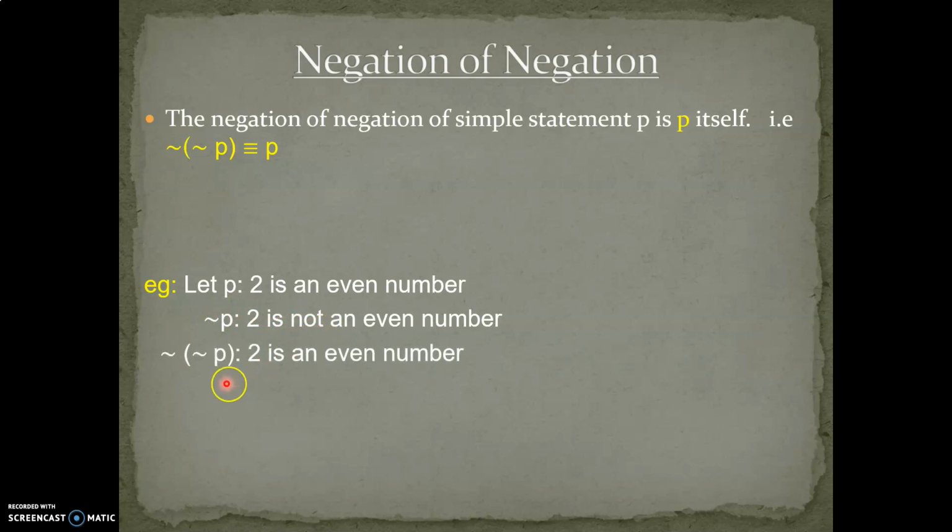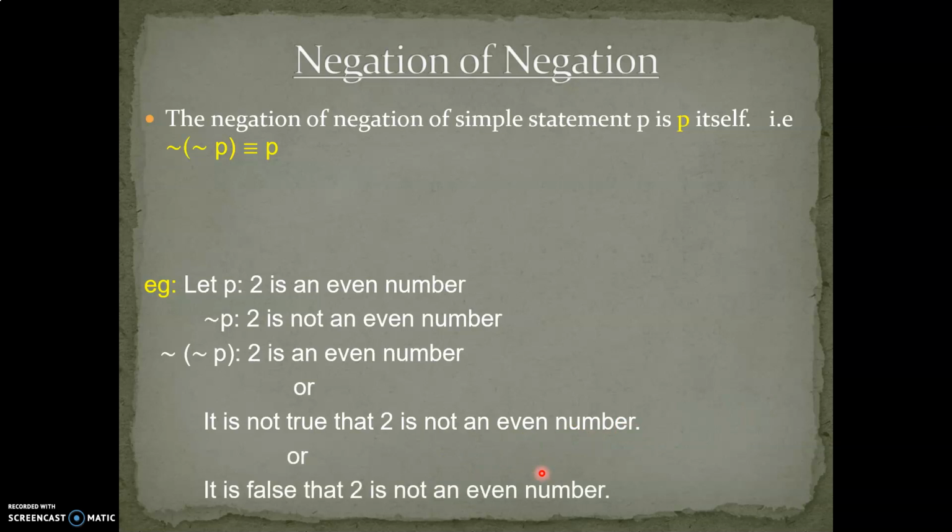So negation of negation P is 2 is an even number, the statement itself. This you can write in other way also. It is not true that 2 is not an even number. So in the given statement, it is not true that is a negation and not is applied again. So if you are applying negation two times in a sentence, it will become a positive sentence. Or you can write like this also. It is false that 2 is not an even number.